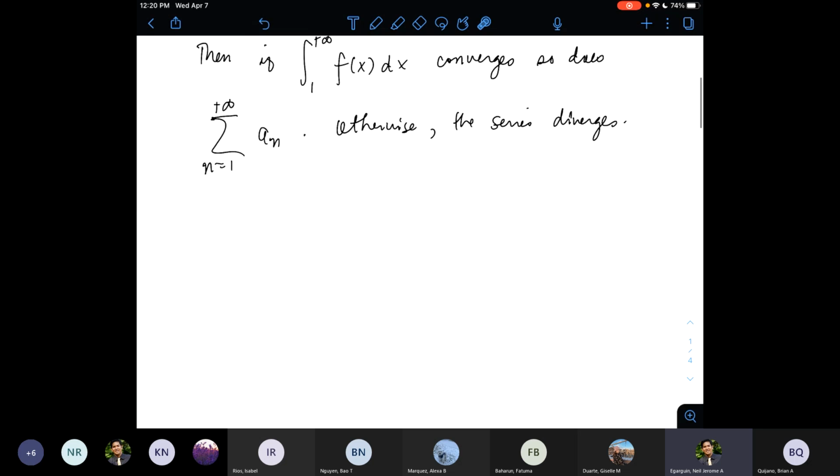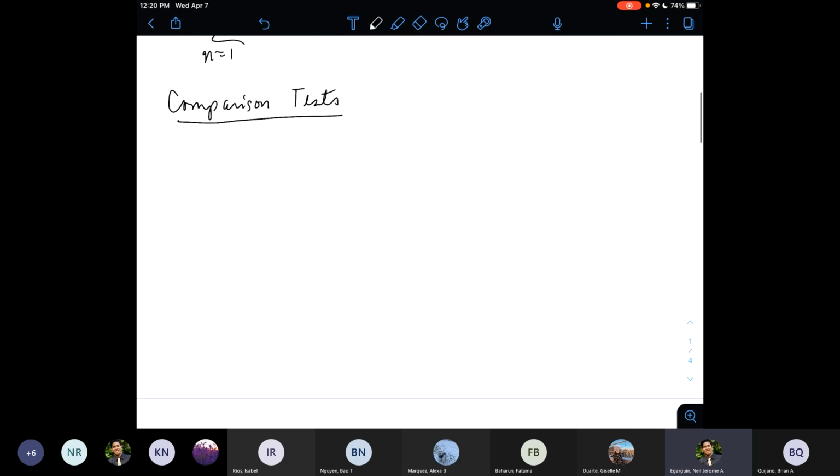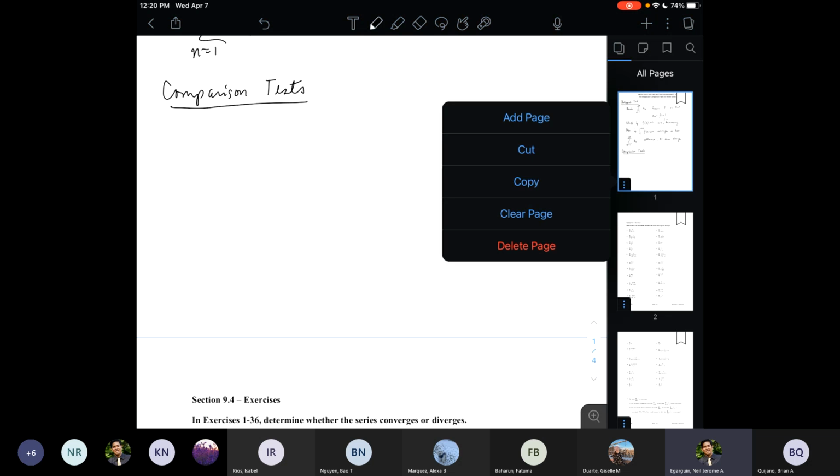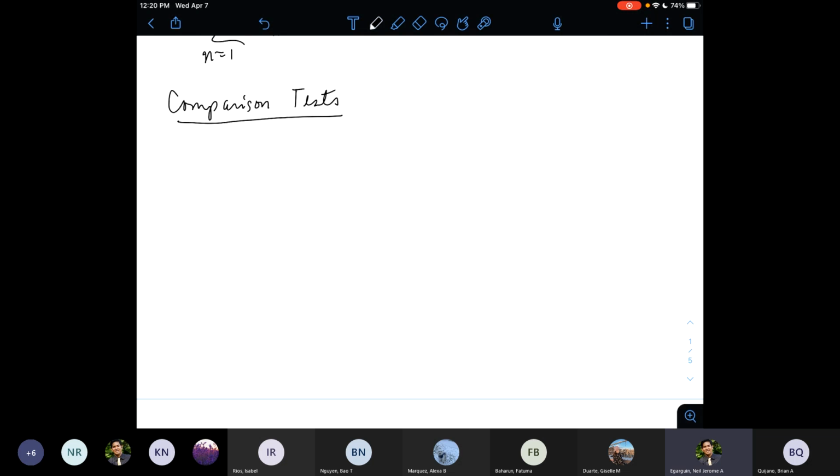The other test in this section would be the comparison test. So there are at least two versions of the comparison test that I guess were given in the lecture. Now first you can do direct comparison. I usually abbreviate this as DCT, the direct comparison test.